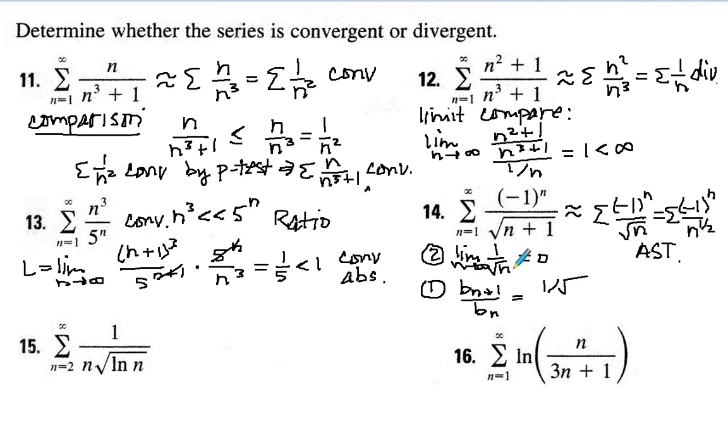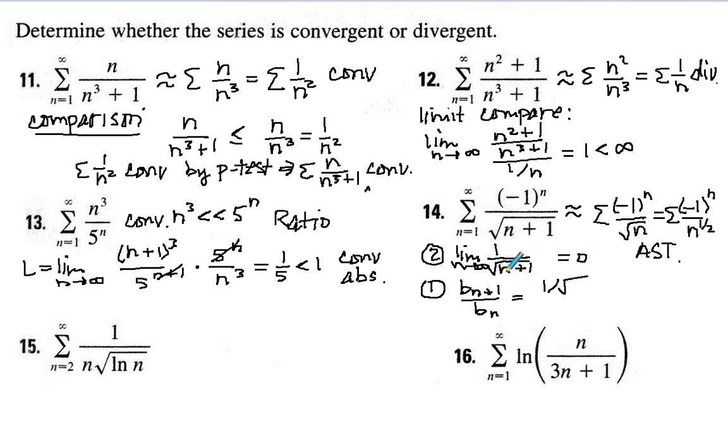Oh, I'm sorry, we need a plus 1 in the denominator here. Because I was looking at this series, we need to be looking at this one. But you know what? We put a plus 1 down there, 1 over n plus 1. As n goes to infinity, that guy still goes to 0.